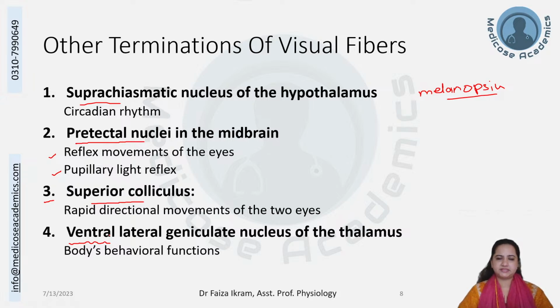A few of these details we'll be seeing in the coming slides. It is also said that the fibers going to the superior colliculi, pretectal nucleus, and ventrolateral geniculate nucleus are the old visual system, which is not under voluntary action, and the rest going to the visual cortex is the newly developed system.